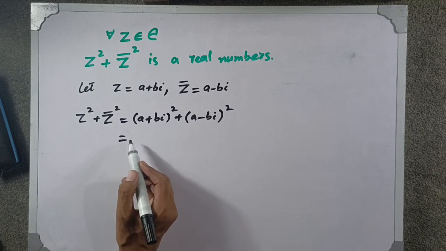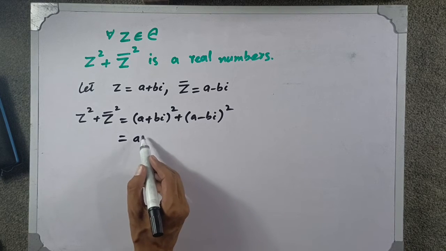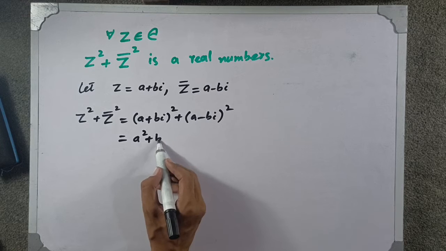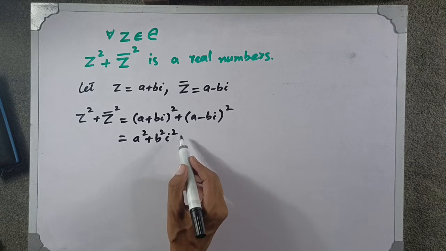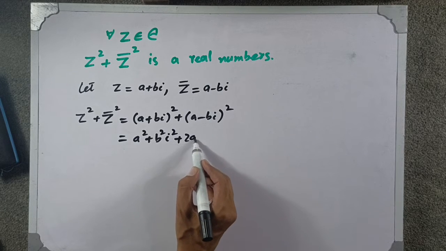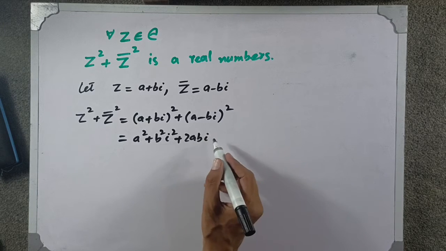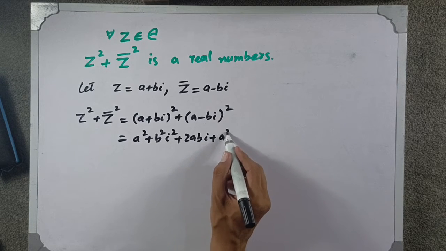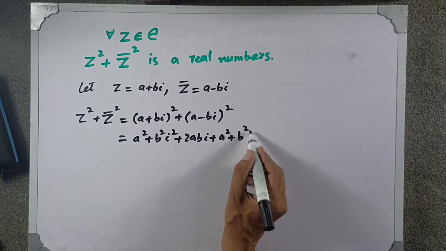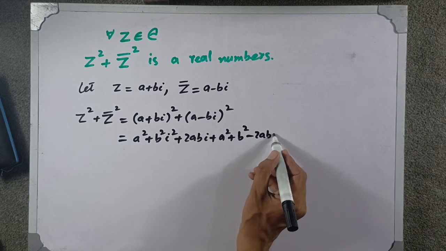By simplifying, this will give us a square plus b square iota square plus 2ab iota. Further, if I simplify this one, a square plus b square iota square minus 2ab iota.